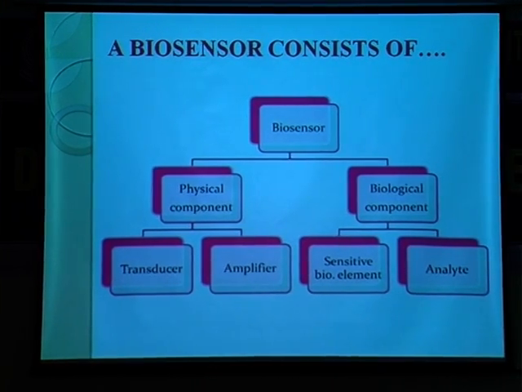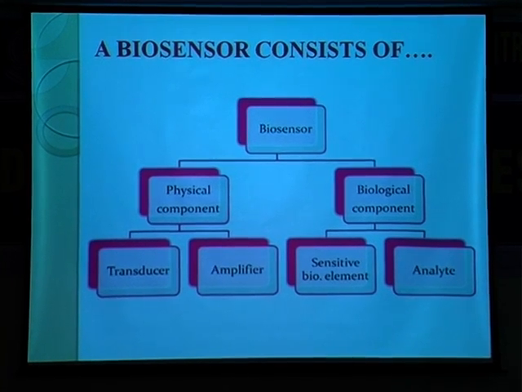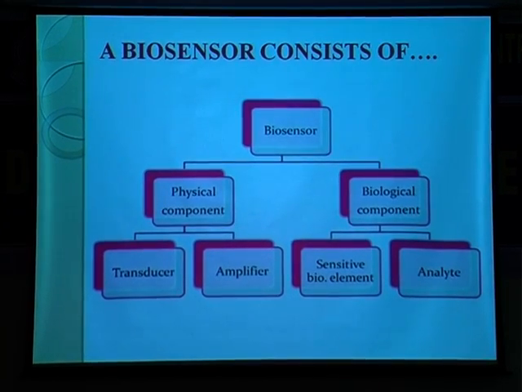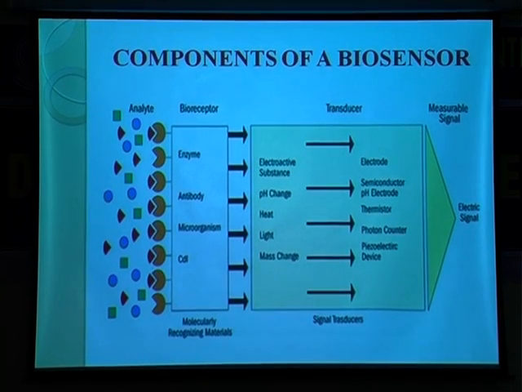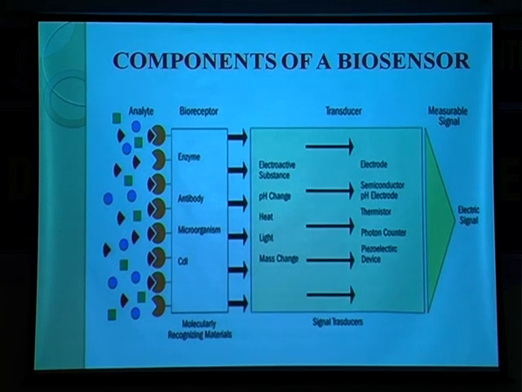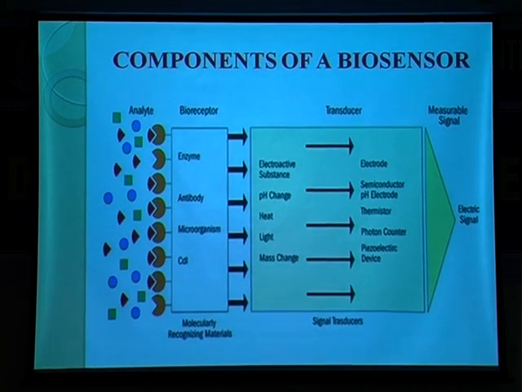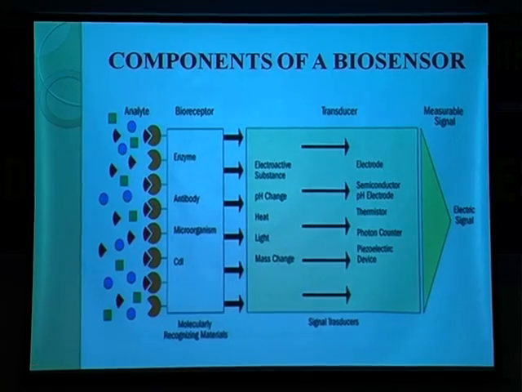A biosensor consists of two components, a physiological component and a biological component. The physiological component includes the transducer and the amplifier. The biological component includes the analyte and the bioreceptor. When a substance comes in contact with the bioreceptor, it detects the substance and gives the concentration to the transducer.